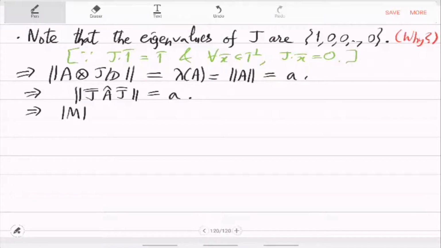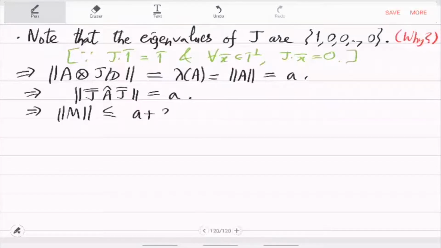So, this means that going back, the matrix norm or spectral norm of M. So, this finishes the proof of the theorem by Reingold, Vadhan and Wigderson, and it gives you a very good understanding of the spectral gap in the case of zigzag product.